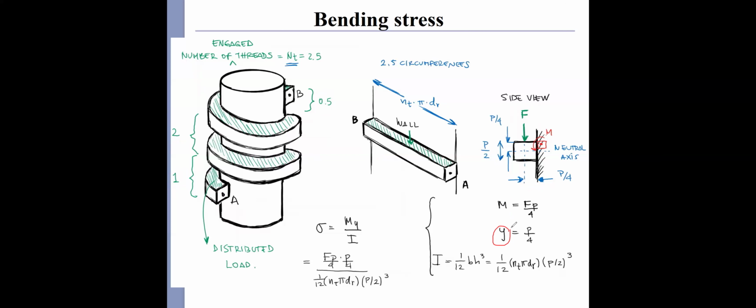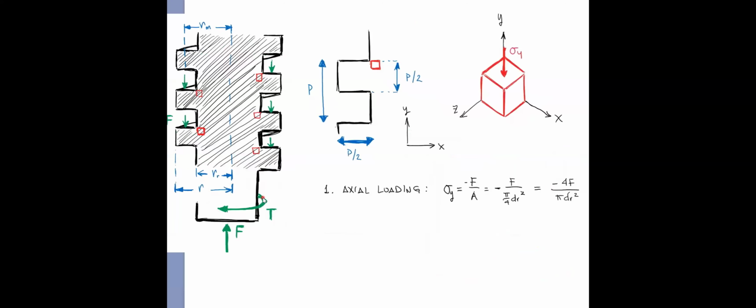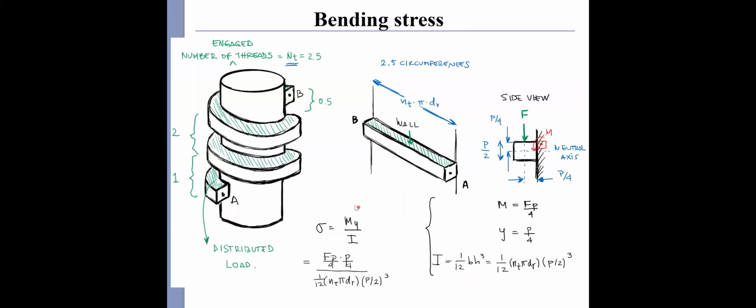Because the cross section is square, the moment of inertia I equals 1/12 times b h cubed. We can plug M, y, and I into the bending stress equation to get the bending stress applied to that critical element with a distributed load.